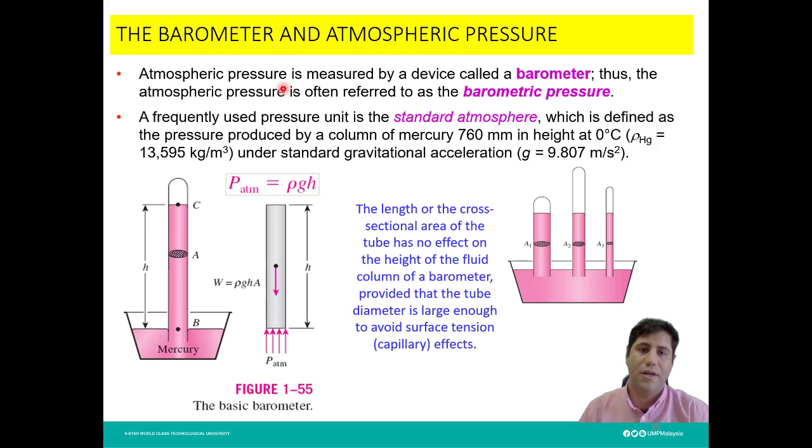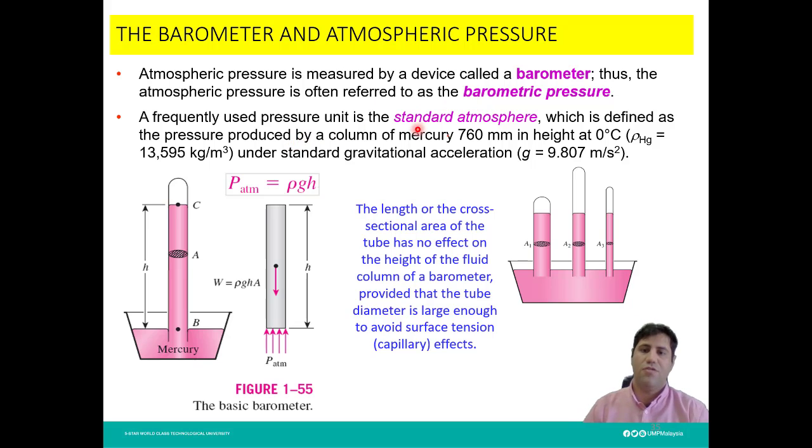And the other, actually, I told you about atmospheric pressure. How is that pressure measured? By this barometer. Atmospheric pressure is measured by this device. We call that a barometer, and what it measures is barometric pressure.